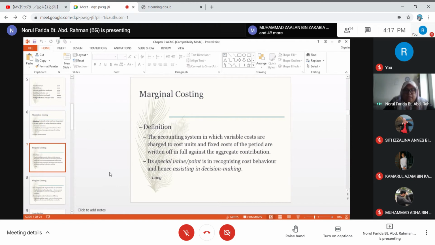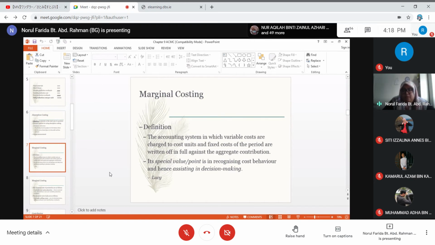Where you know that variable cost, right, is relevant cost sebab dia adalah variable, meaning if you want to do something, you have to incur the variable cost because variable costs will vary with the level of production. Alright, whereas fixed cost adalah constant cost. So most of the time fixed cost adalah irrelevant cost. So marginal costing, they treat variable cost sahaja kepada cost per unit you.